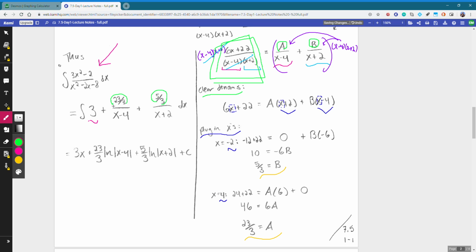We can just slide those constants out in front of both of those terms, and each one of these terms we can integrate. Since these are just linear in the denominator here, those antiderivatives are just going to be natural log of the absolute value of those things. And so integrating each one of those pieces and adding our plus C, those are our antiderivatives.